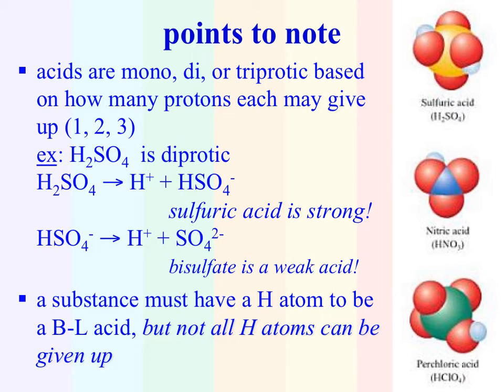Something else to understand is that in order to be a Bronsted-Lowry acid, you do have to have H atoms that can be transferred. Acids have to be able to donate those protons. But not all H atoms can be given up. There are going to be molecules where it has a hydrogen in the formula, but that hydrogen is not attached to an atom that allows it to be given away.